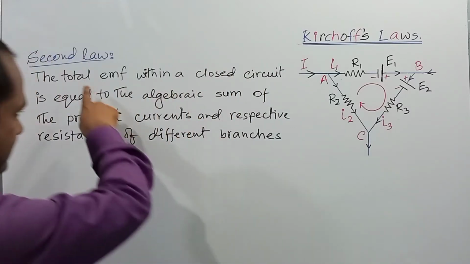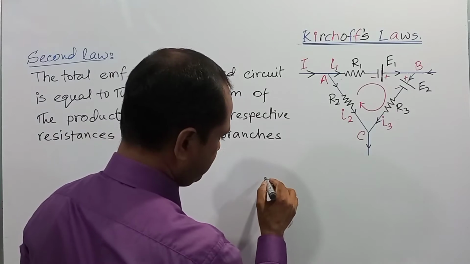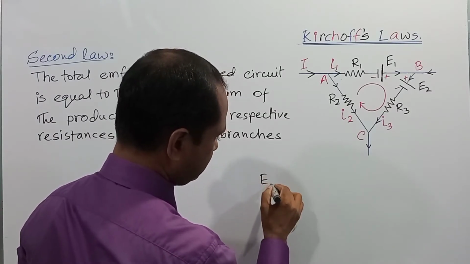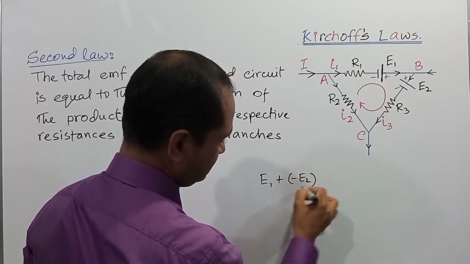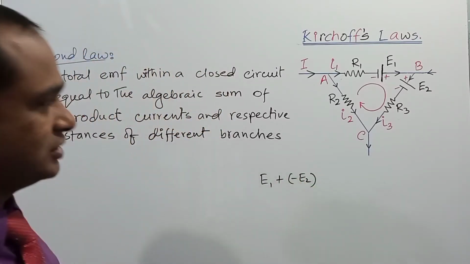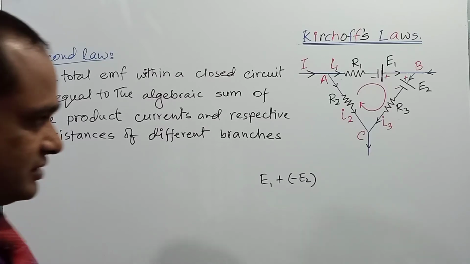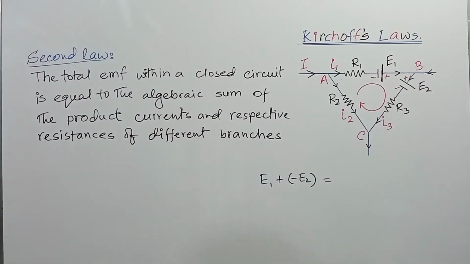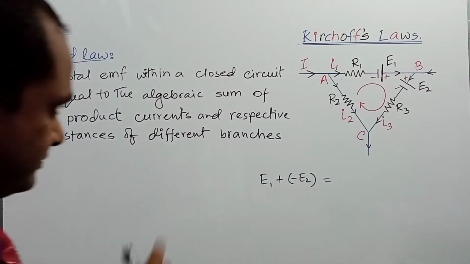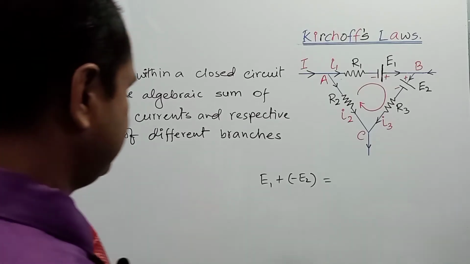So the total sum of the EMF we can take as E1 plus minus E2, right? This is the algebraic sum of the EMF in the closed circuit, and it will be equal to the product of the current and respective resistances of the different branches.